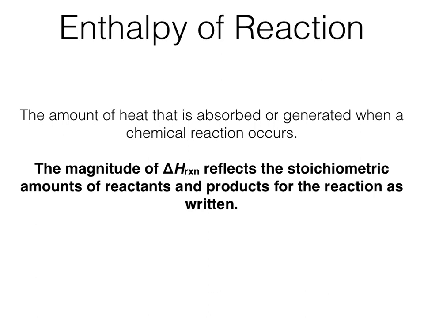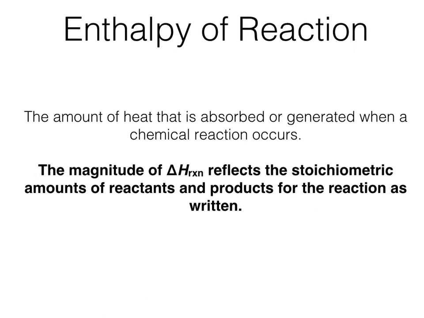Okay, so enthalpy is defined as the amount of heat that is absorbed or generated when a chemical reaction occurs. And remember that this is because we are assuming that chemical reactions do very little work, that they stay the same volume during the course of the reaction.